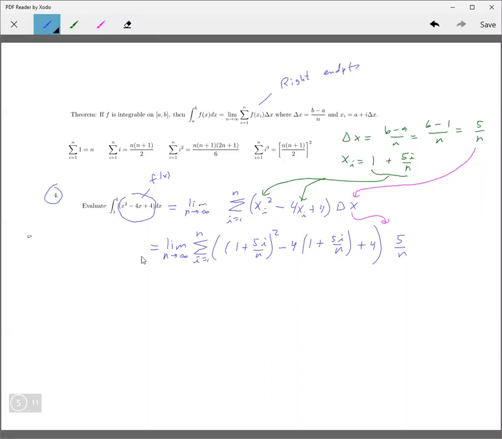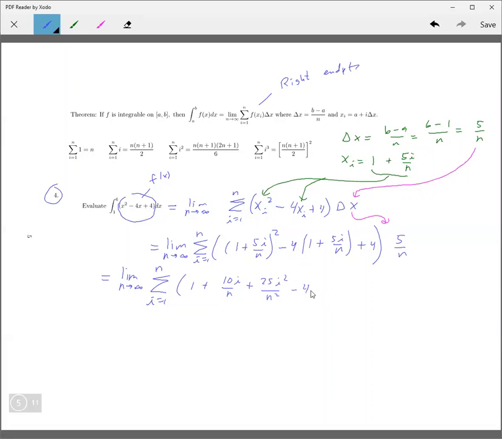Okay, let's go ahead and try to simplify this. Expand all that out, and we get 1 plus 10i over n plus 25i squared over n squared.